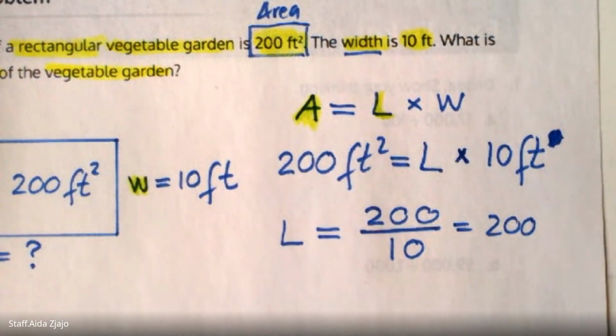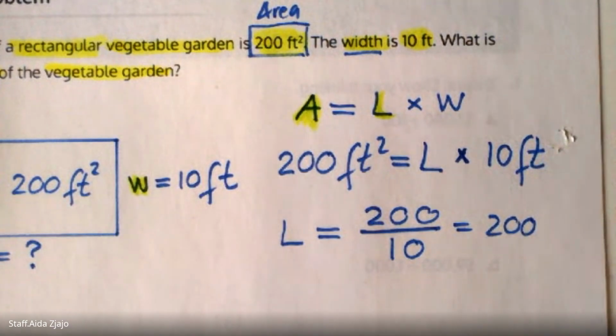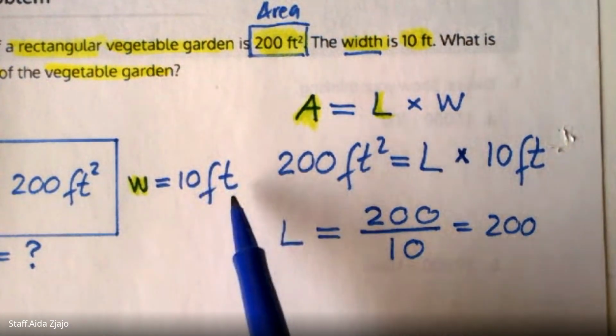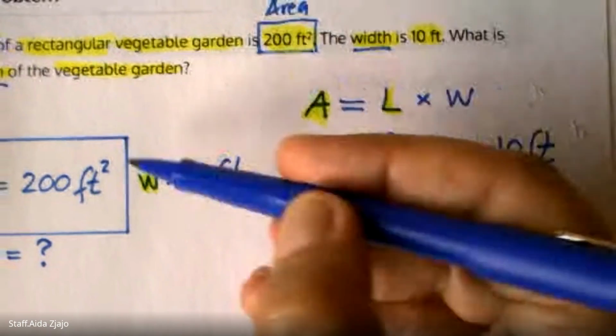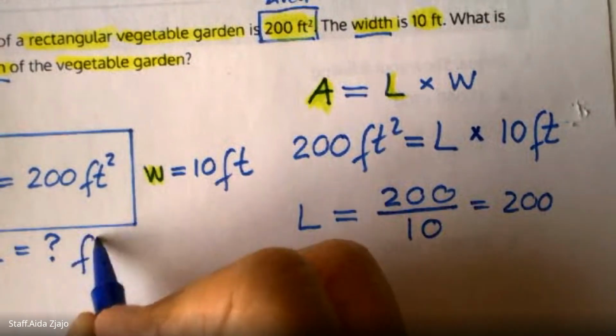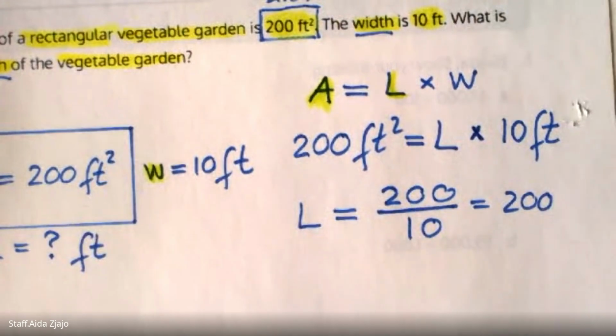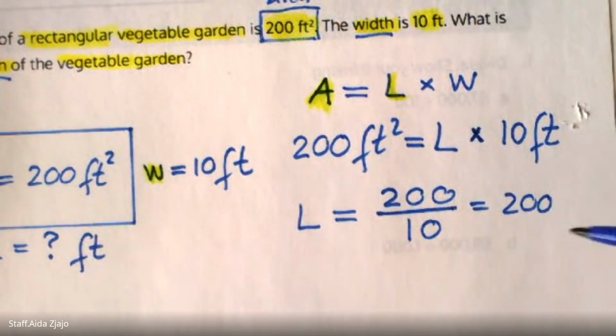I just made a mistake, which is not okay. Here I made it correct, feet, because this is feet and this is feet. When you multiply foot by foot, you get square foot. So if I am doing this, the answer is going to be in feet.